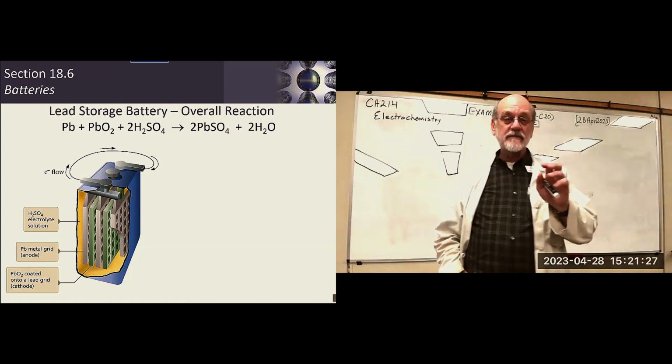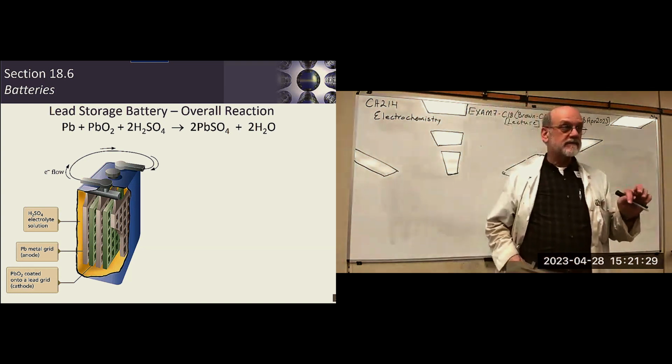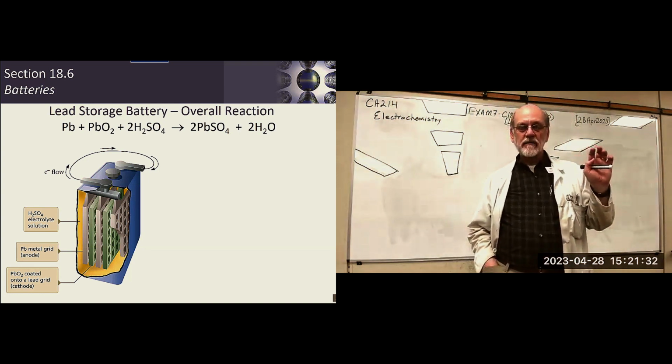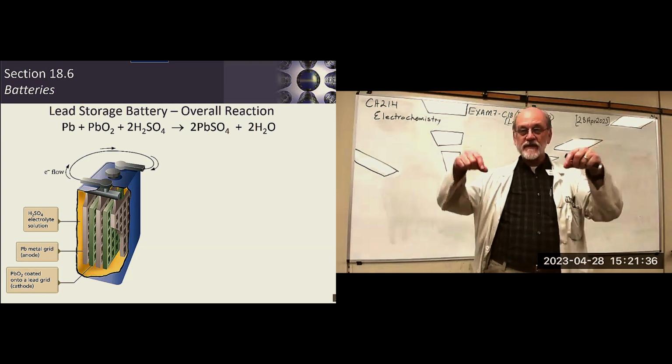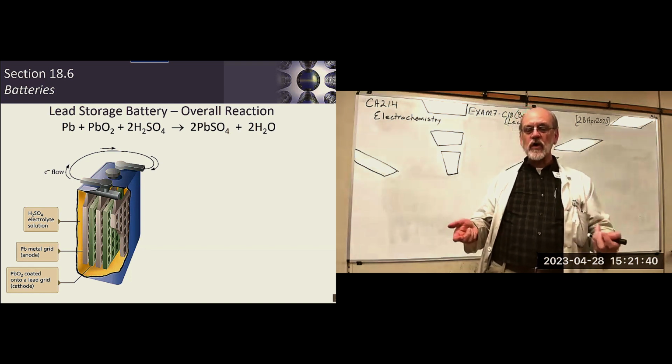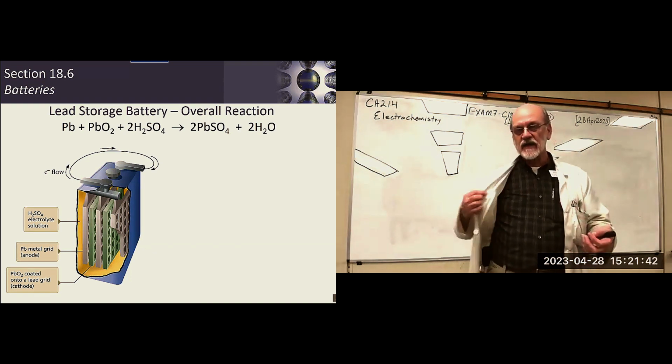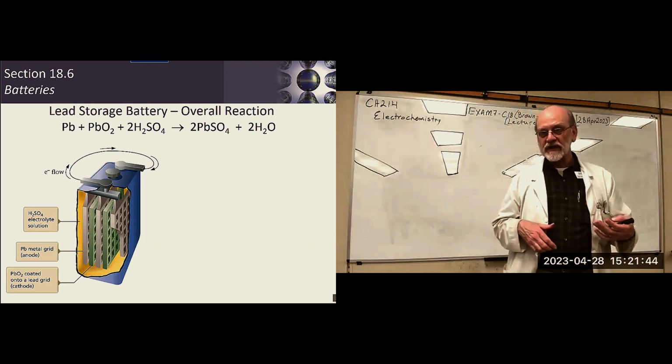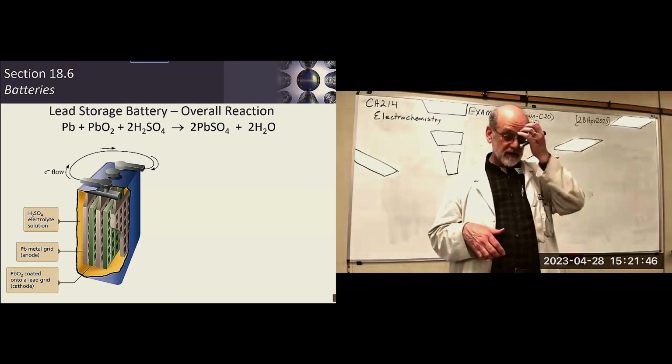In the old days, lead acid batteries used to have caps in them that had little holes. That was to vent any overcharging, which would produce hydrogen gas. You don't want hydrogen gas building up in your battery, it might explode.